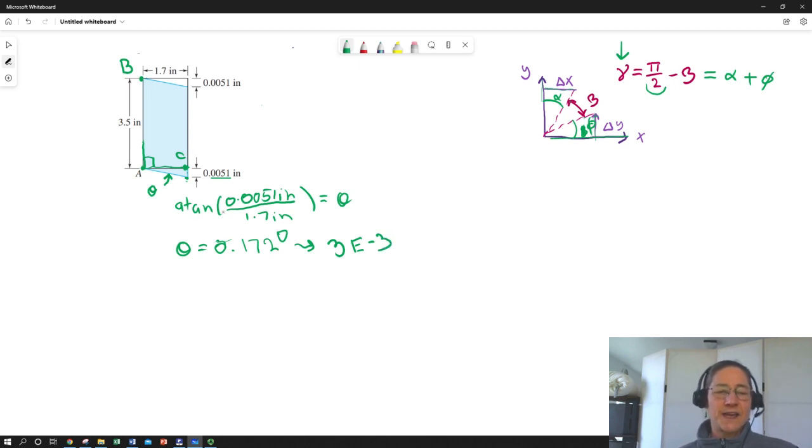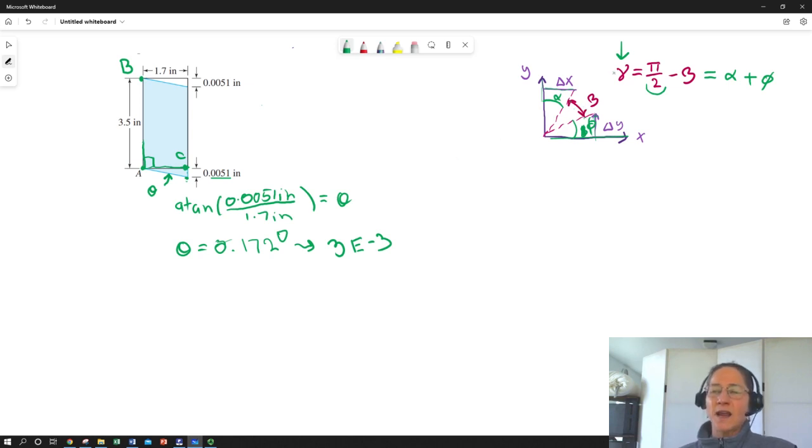Okay, now that's just angle theta. So we're looking at this angle. Now we go back to our definition of engineering shear strain and ask how theta tallies up with the angles here. Theta in this case would be the equivalent of alpha or phi. So it is the difference. It isn't the new angle beta.